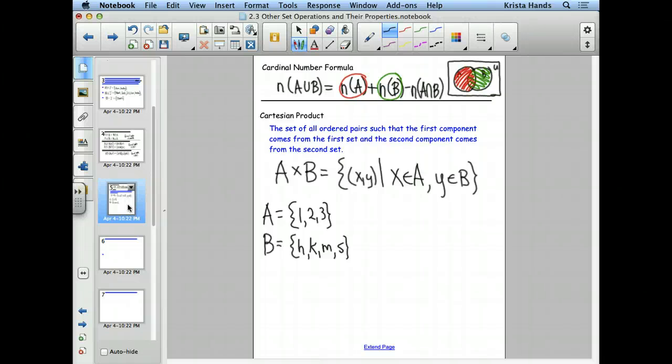And then what it means to do a cross product, Cartesian product, is that we make ordered pairs of this information. So we take one item, we'll do the first item from set A, and we write it as an ordered pair with the first item from set B. And we can take the first item from set A and write it with the second item from set B.